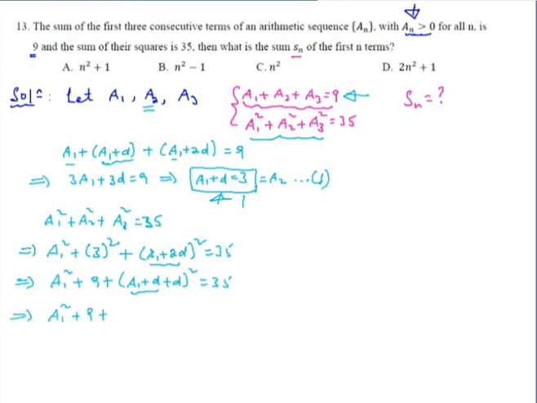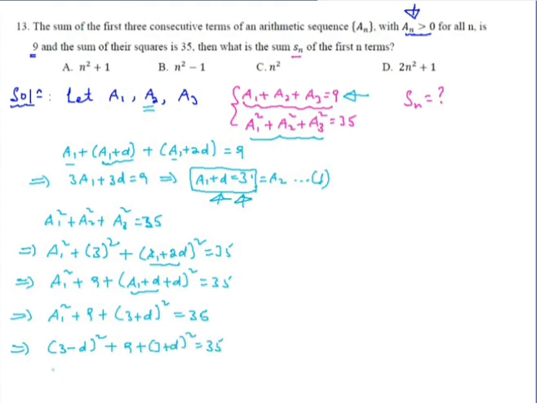So A1 square plus 9 plus 3 plus D, the whole square, is equal to 35. This equation still has two variables, A1 and D. Since in equation 1 A1 plus D is 3, A1 is 3 minus D. So in place of A1: 3 minus D the whole square plus 9 plus 3 plus D the whole square is equal to 35.